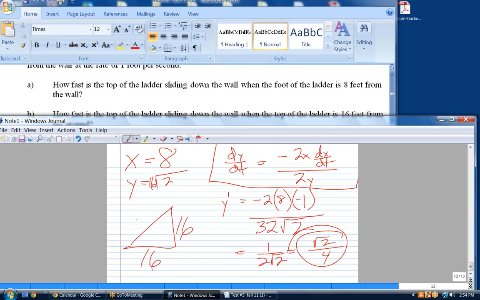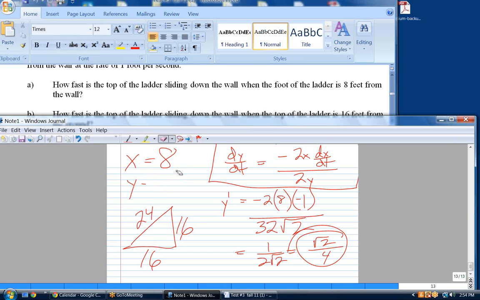What was the ladder length? 24, I think. So 24 squared, you said, was 512. 24 squared is 576. Oh, okay. So all my numbers are wrong here.